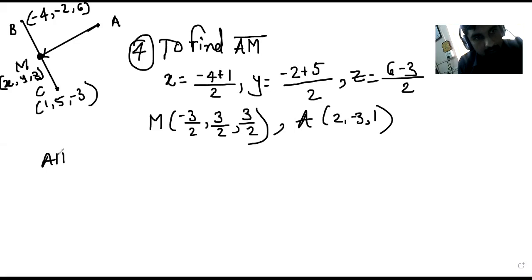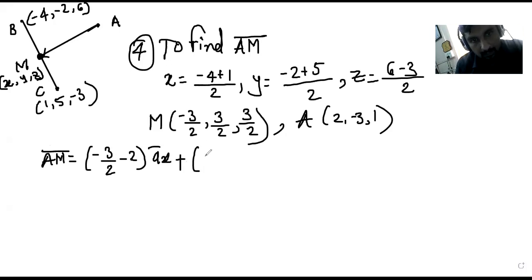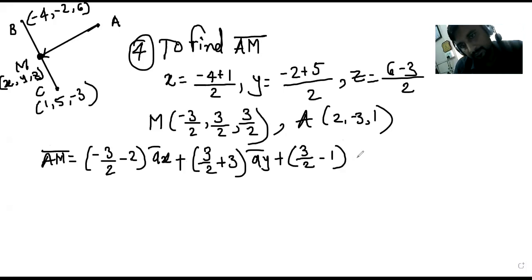AM bar is equal to (-3/2 - 2) A bar x, plus (3/2 + 3) A bar y, plus (3/2 - 1) A bar z. So this would be your vector.